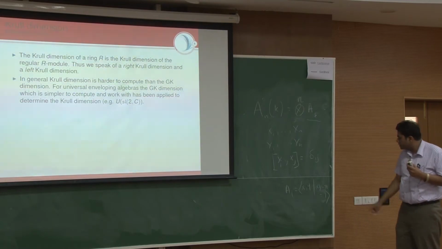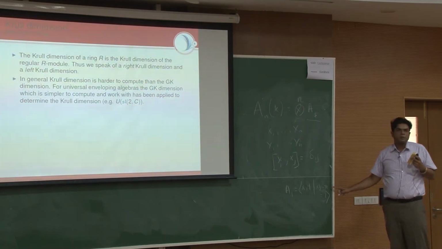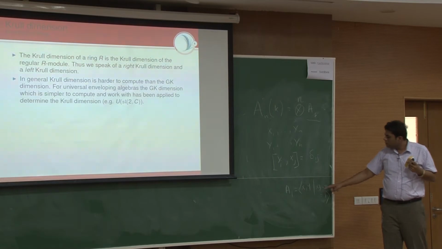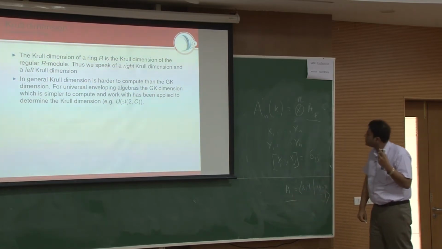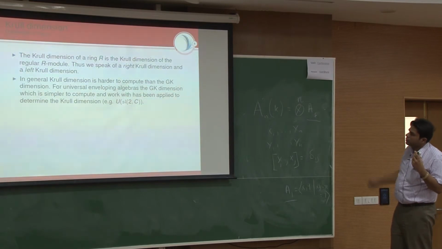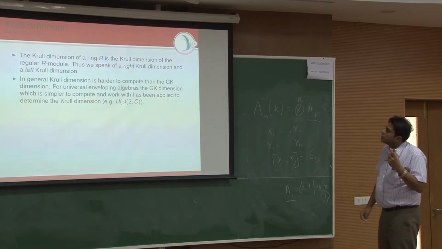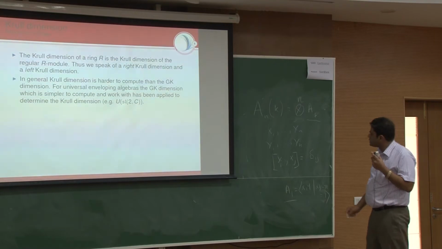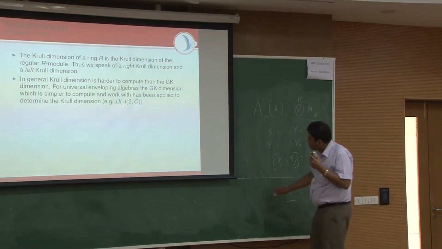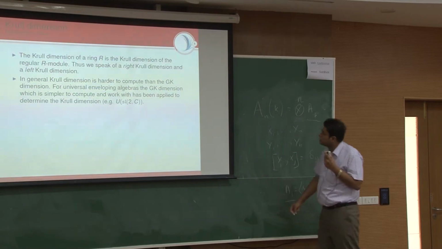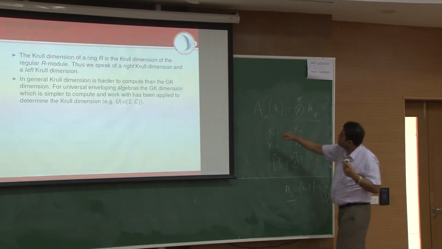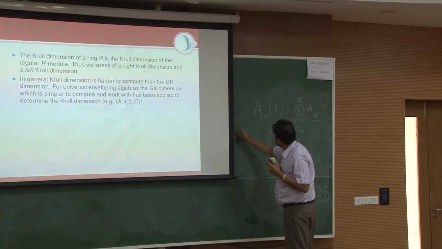This algebra, as you know, arises in quantum physics. This is the first Weyl algebra, and the nth Weyl algebra is simply the n-fold tensor power of that. For this, as I already mentioned, the GK dimension is equal to 2n.